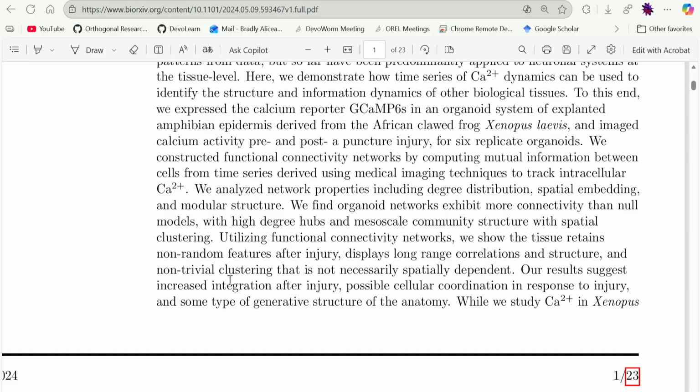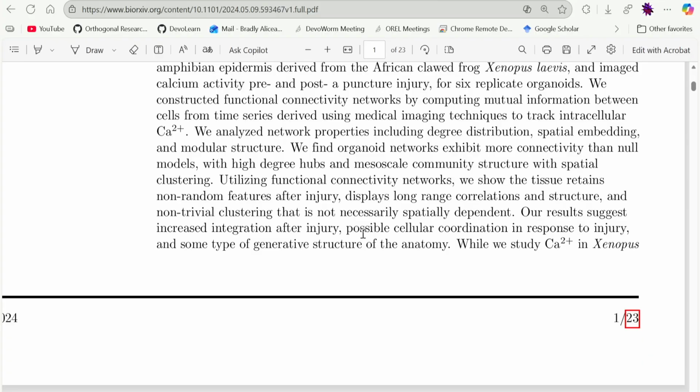Our results suggest increased integration after injury, possible cellular coordination in response to injury, and some type of generative structure of the anatomy, which I guess means that there's some way that it knows the anatomical shape or structure so that it reorganizes around that structure.